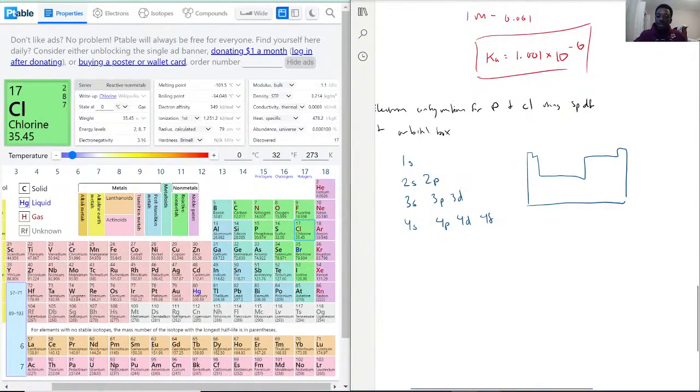The one thing is that helium also counts as an s, so that would be kind of like the exception there, something you have to watch out for. The p orbital is going to be right here from columns 13 through 18, not including helium.